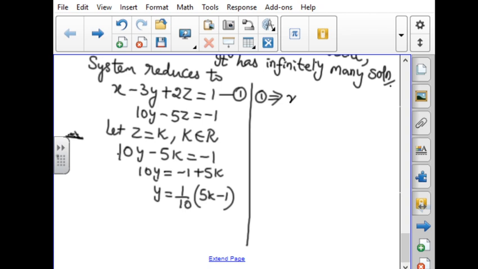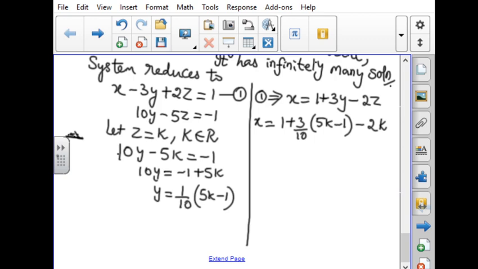So keep x this side and 1 plus 3y minus 2z will come, isn't it? So we can find out x is equal to 1 plus 3 into, what is the value for y we are having? 1 by 10 into (5k minus 1), minus 2k.